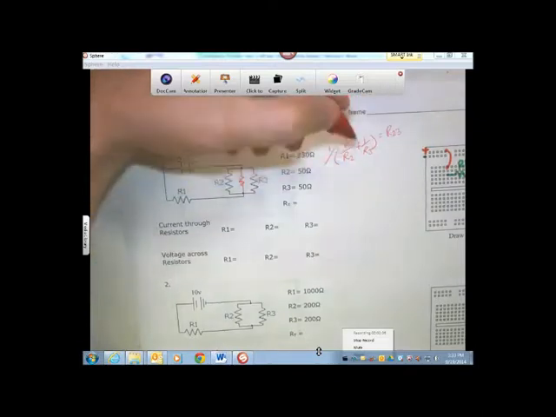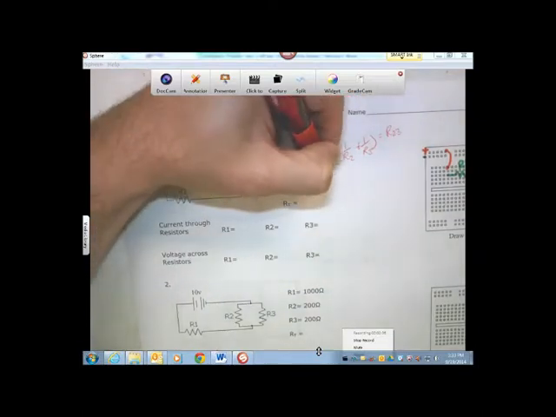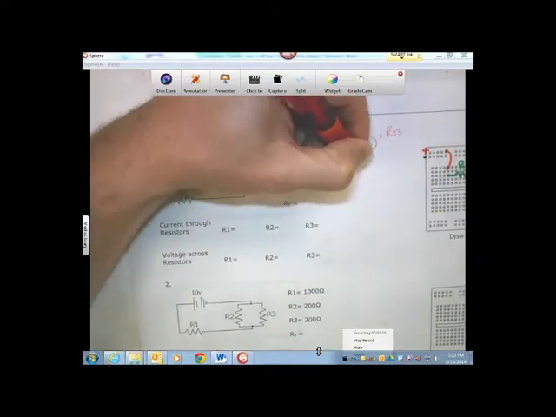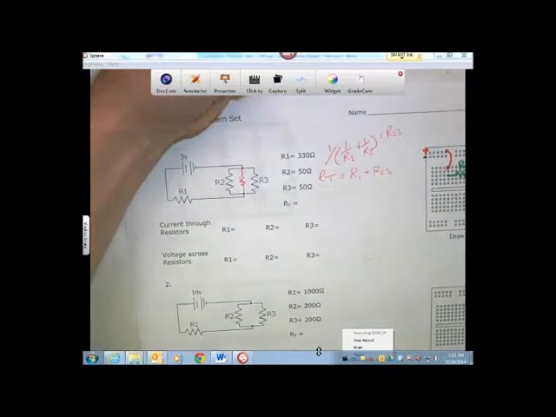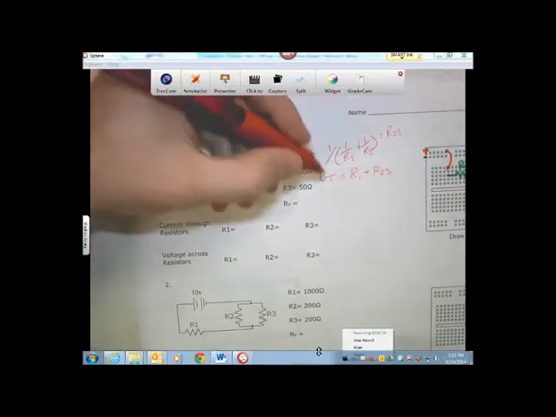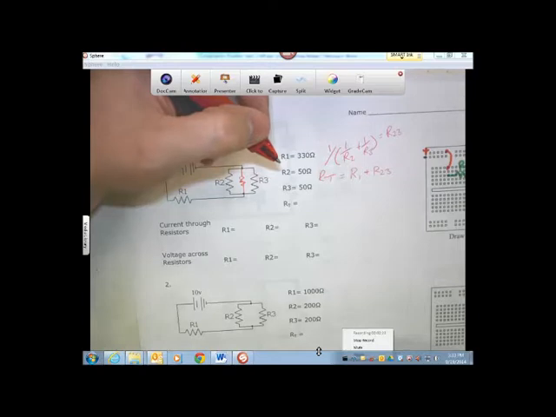To find RT, it's going to be equal to R1 plus R23. Then we can start solving the individual stuff for our equation.